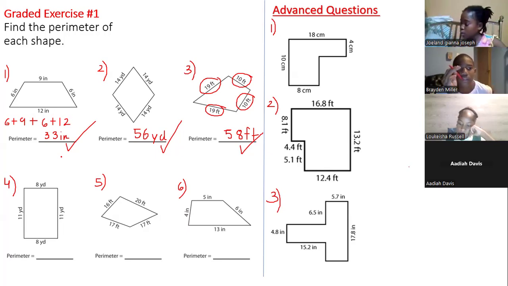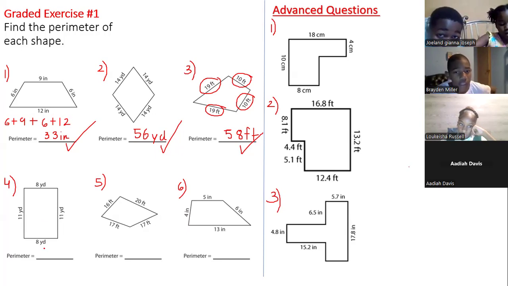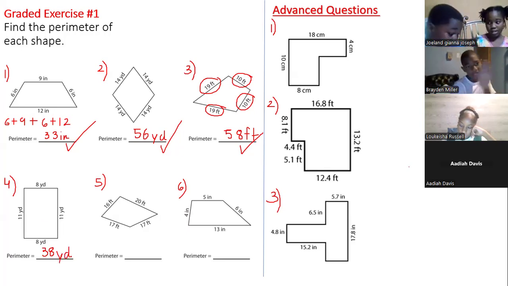So 11 plus 8 plus 11 plus 8 again. What shape is this, by the way? A rectangle. It is a rectangle, upside down, right? 38 yards. Who all got that? Me. Very good.